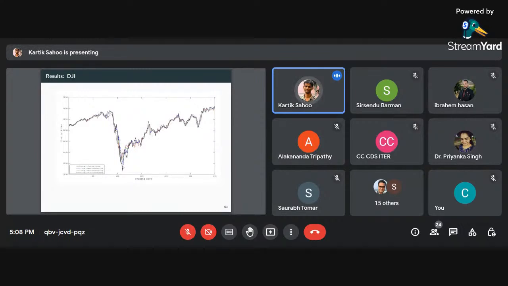Obviously, this downtrend is because of the COVID pandemic scenario. The data has been taken during February, March 2020, April 2020.